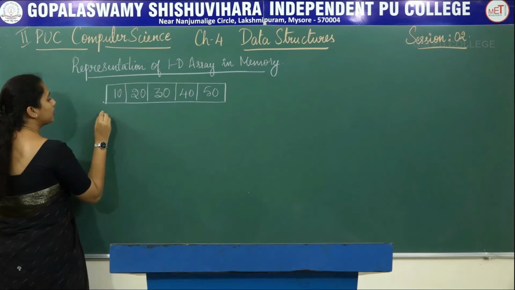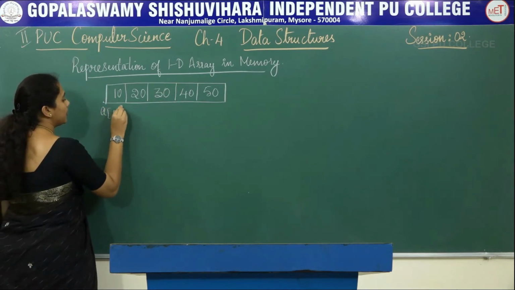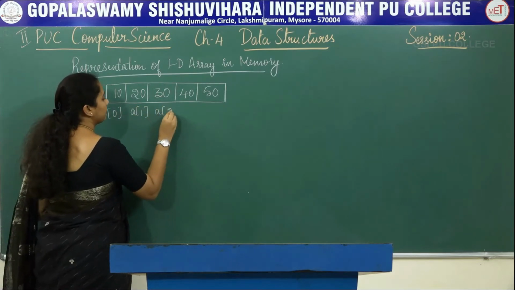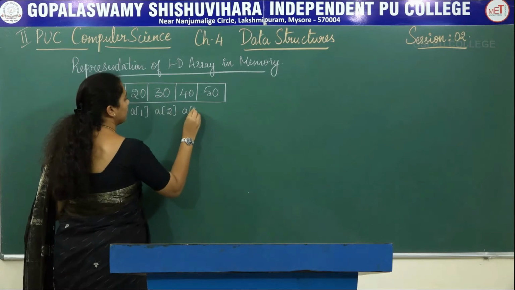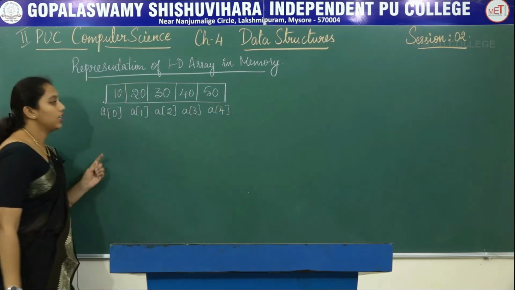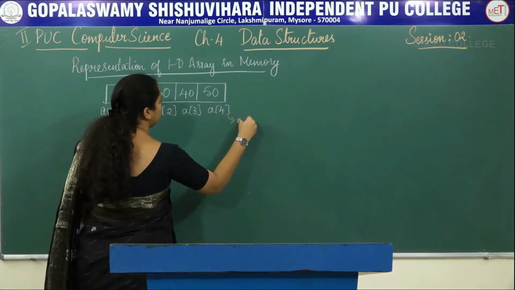The name of the array is A. The location always starts from 0, up to A of 4. Hence the last element location is n minus 1.